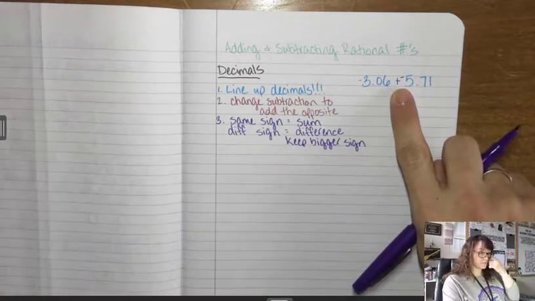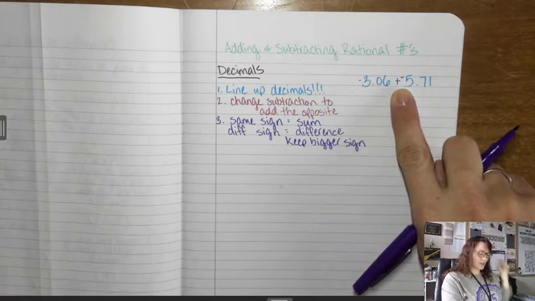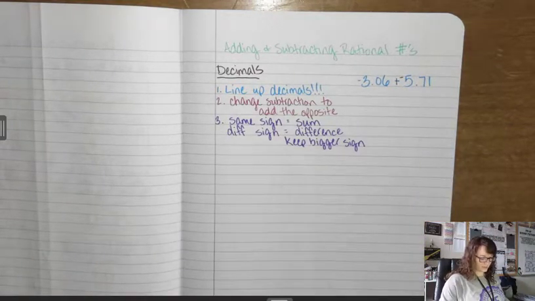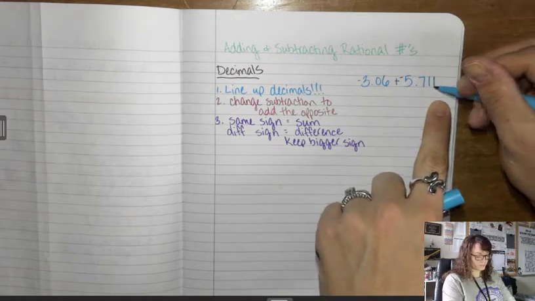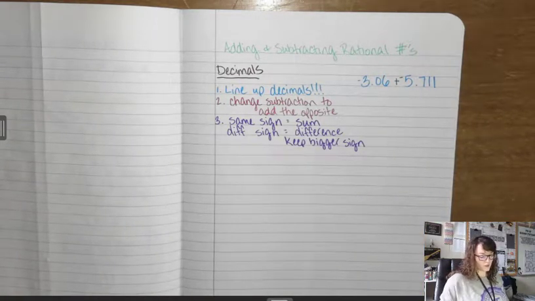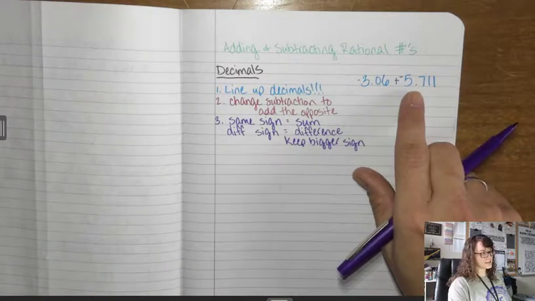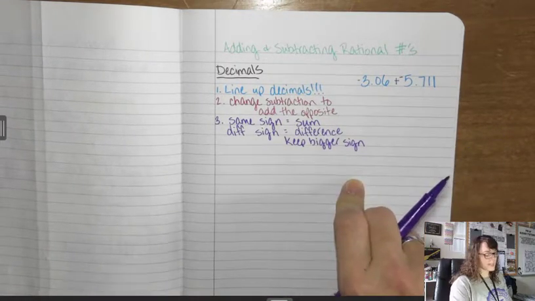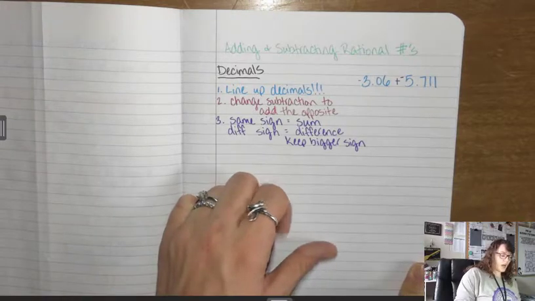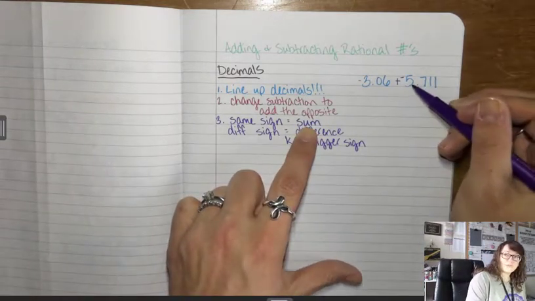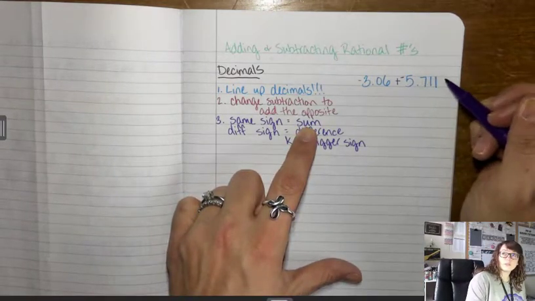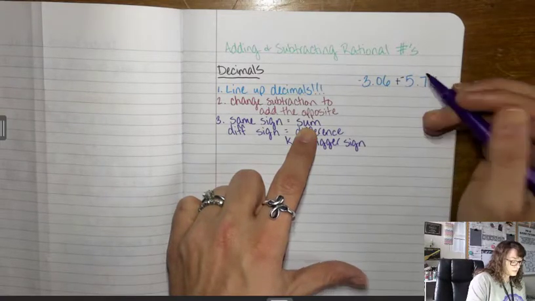So with this one, just for fun, let's throw a 1 on the end of that. 5.711. Are these same signs or different signs? Same sign. So I'm going to sum. So I need to add 5.711 to 3.06.